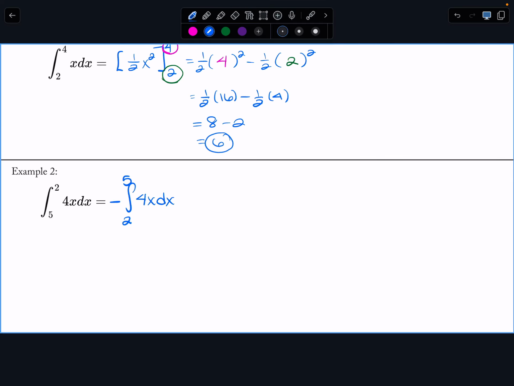There's things like on calligraphy mode. Okay. So I take my antiderivative of 4x, and what do I get? 2x squared. And I'm going from 2 to 5. So I have negative.